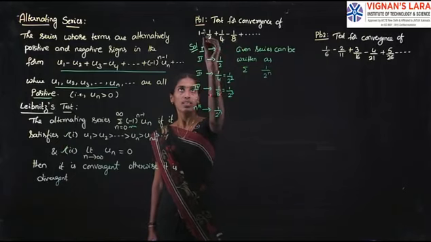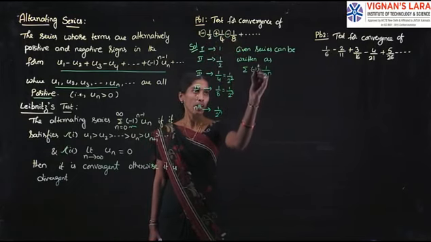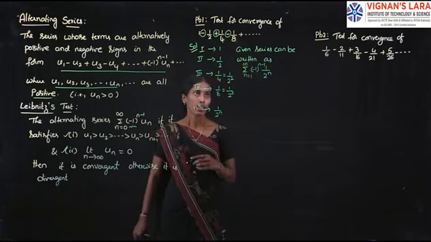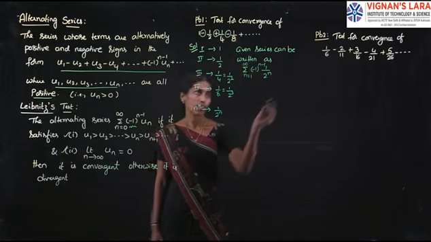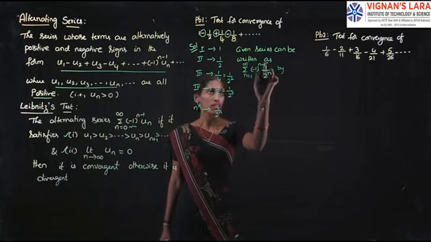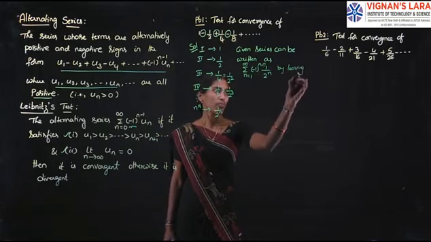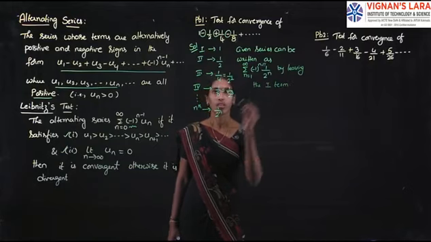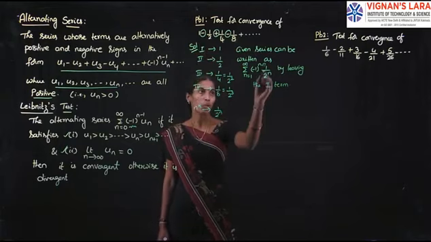To represent the alternating signs, we note down (-1) power n minus 1, n equal to 1 to infinity, by leaving the first term, because the first term is 1 when we get 1 by 2 power 0.